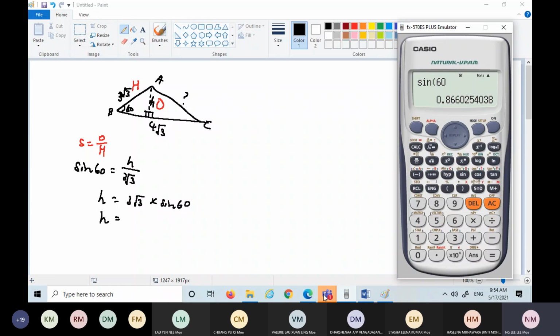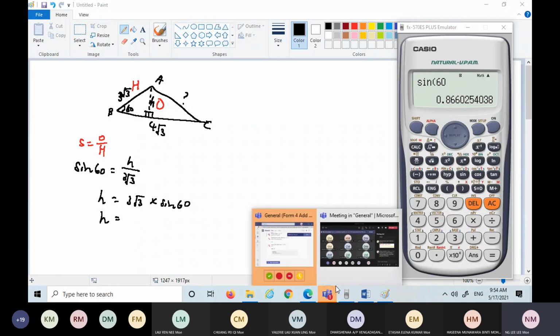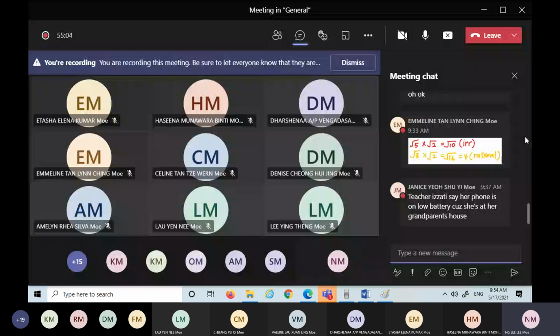You have to give me a response here. I don't know how good you are in trigo. Eh? Why is Emmeline still giving me the answer?